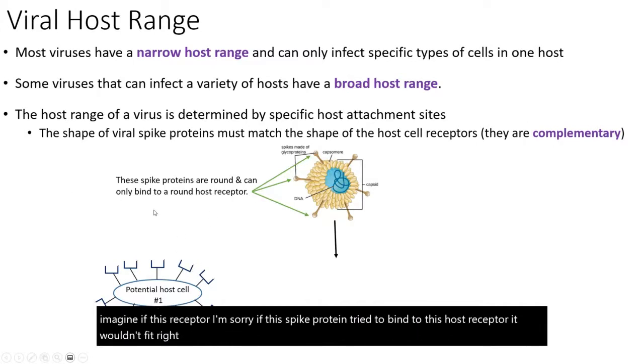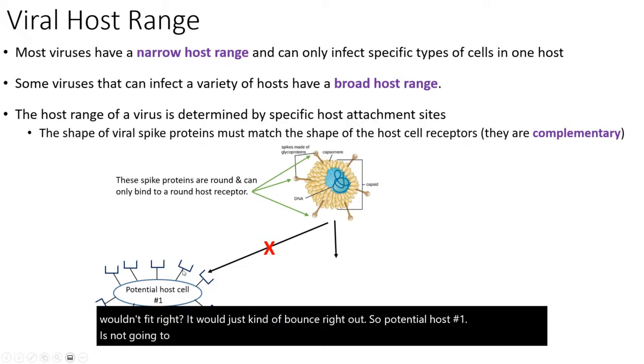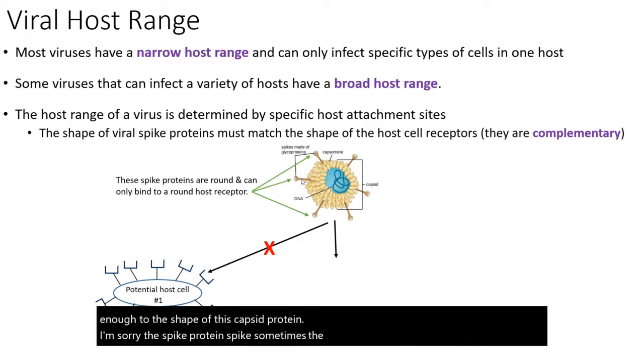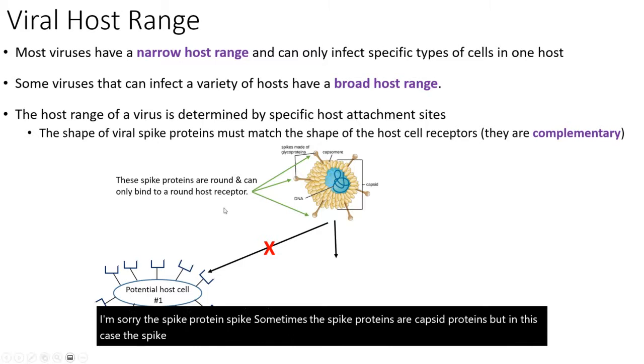It would just kind of bounce right out. So potential host number 1 is not going to work because the shape of the receptor is not complementary, not similar enough to the shape of this capsid protein. I'm sorry, it's the spike protein. Sometimes the spike proteins are capsid proteins, but in this case, the spike is much more prominent.